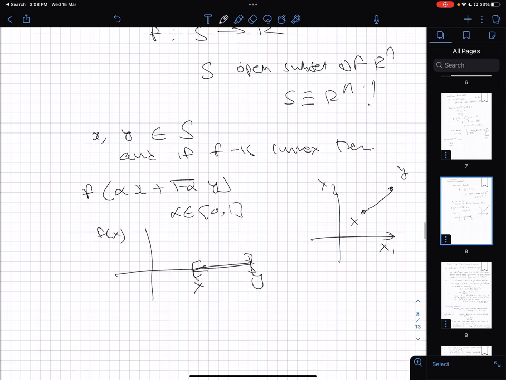If you expand this, this is saying that this is y plus alpha times x minus y. So it means you start at y, and move in the direction of x minus y.